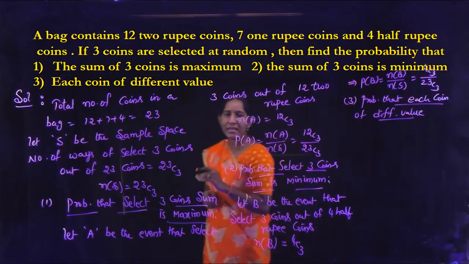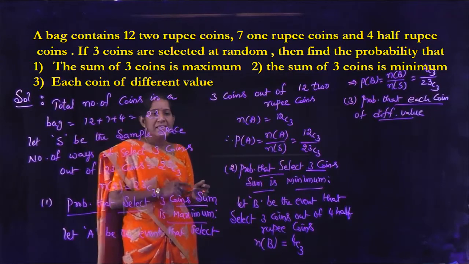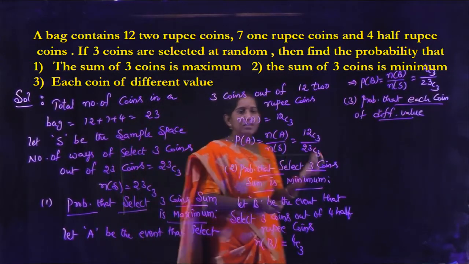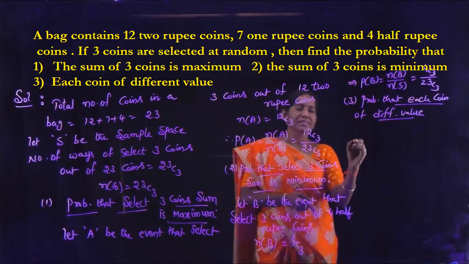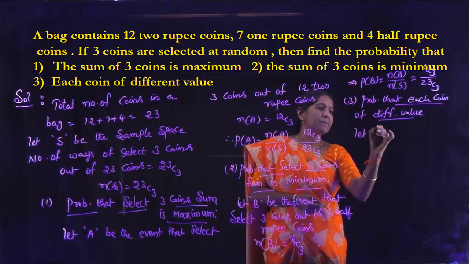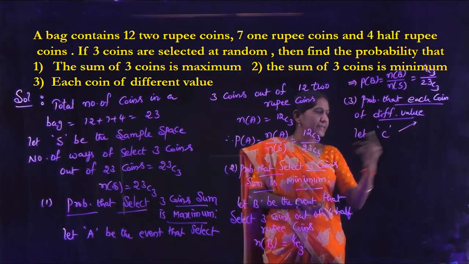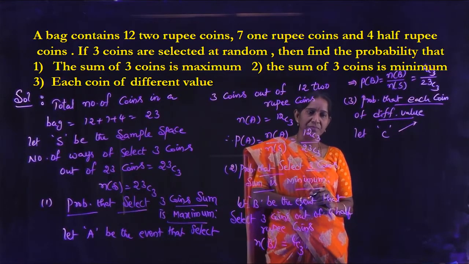So select 1 coin out of 12 2 rupee coins, 1 coin out of 7 1 rupee coins, and 1 coin out of 4 half rupee coins. Let C be the event that each coin is of a different value.